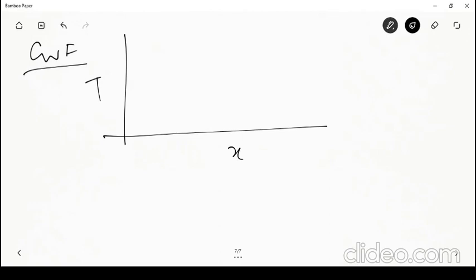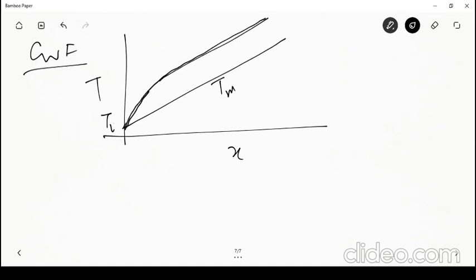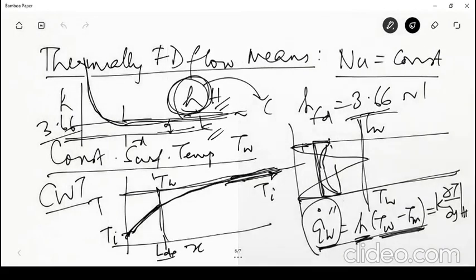If I look at the variation of temperature with x, the mean temperature, because the heat flux is constant, at every unit distance the amount of change in temperature would be the same if the properties are the same. So the mean temperature would increase linearly. This is Tm. Okay. At the inlet, T mean is also equal to Ti. So at the inlet it is here, and there is a more rapid variation of T wall in the beginning, and after that it becomes constant.